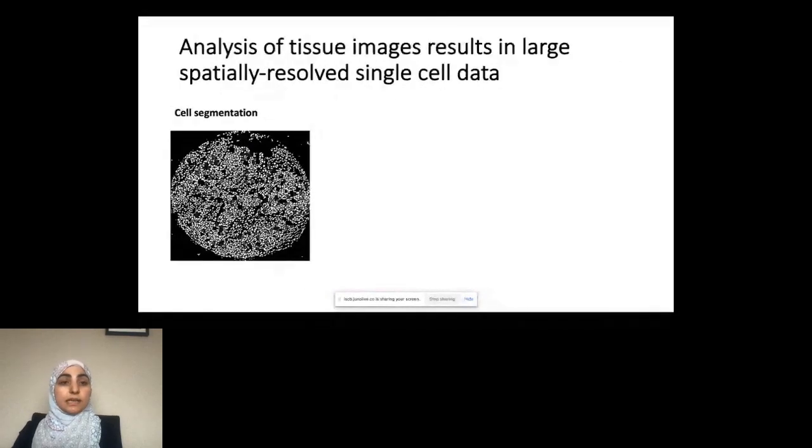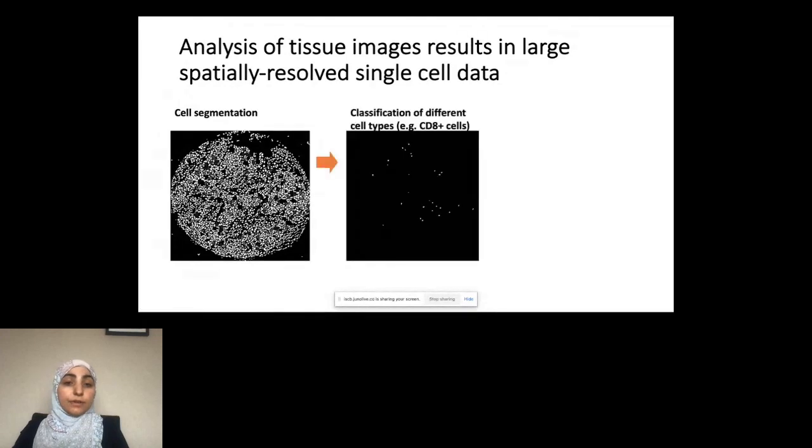To analyze this data, the first step is to segment each cell by finding the border of the nucleus or the cell. From that, we also need to determine the identity of cells, because we are dealing with intensity information that can be variable.